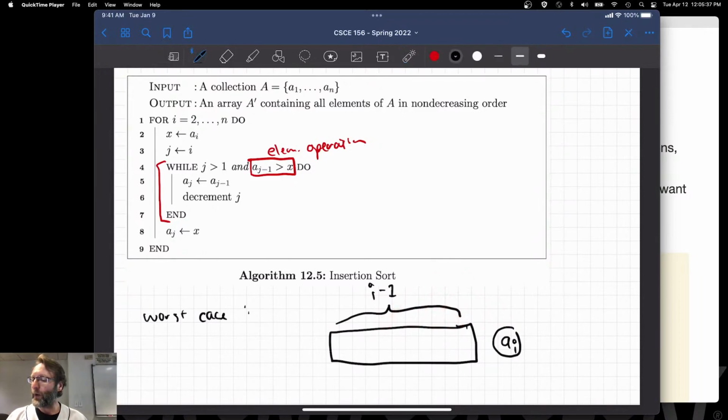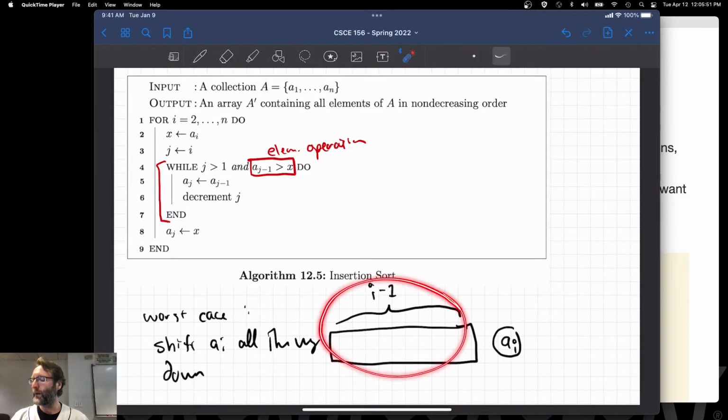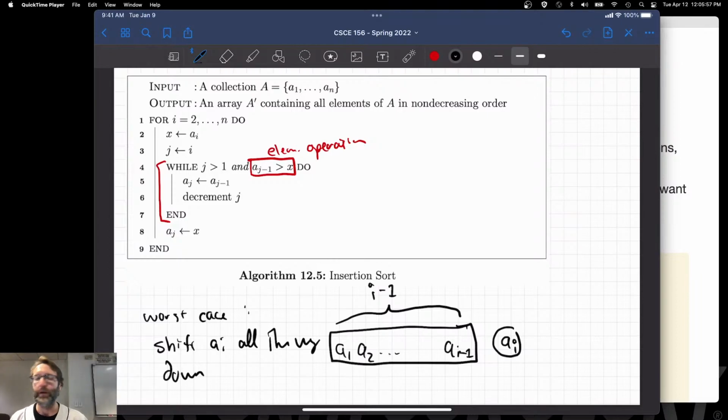The worst case scenario is when we have to shift a sub i all the way down. How many comparisons do I make in that case? Well, how many elements are here? a sub 1, a sub 2, dot, dot, dot, a sub i minus 1. So how many elements are there to compare to? i minus 1, exactly what I wrote up here.